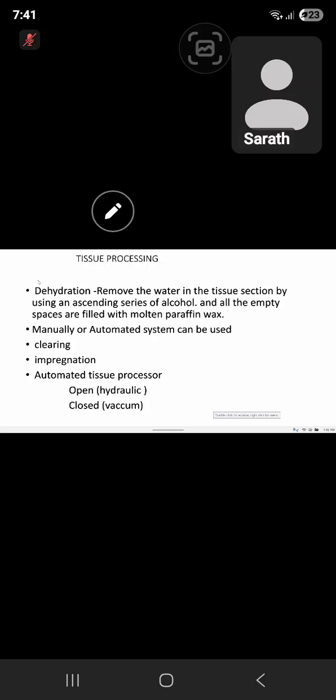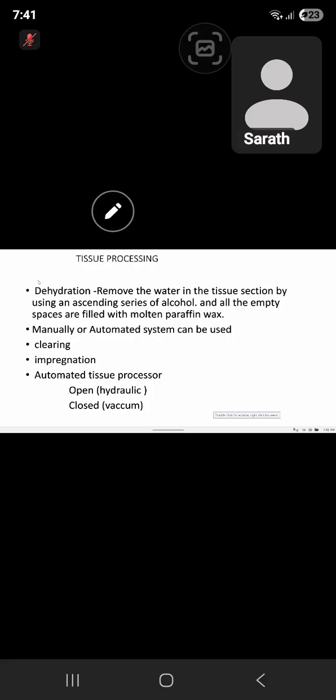alcohol. Now the samples are coming in 10% formal saline. Saline means 0.85% sodium chloride. I mean more water. Actually, that means the tissue is totally immersed in a watery medium. But we are going to make it into a wax block.